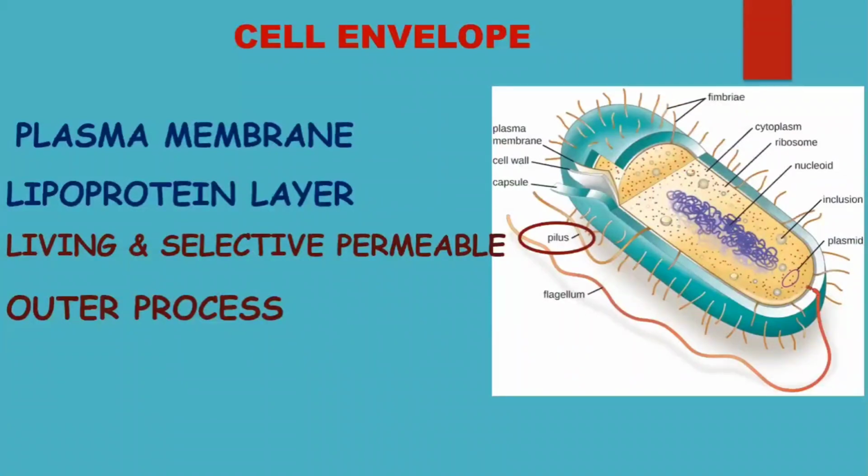Pilus is mostly seen in gram negative, very rare in gram positive, made up of protein called pilin. They help in adhesion. Remember, in bacteria, there is a type of reproduction called conjugation. Pilus helps in formation of conjugation tube.